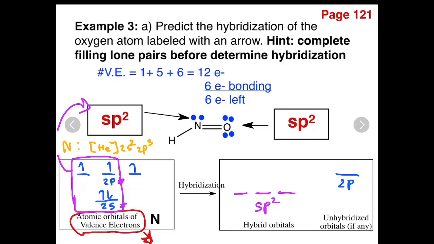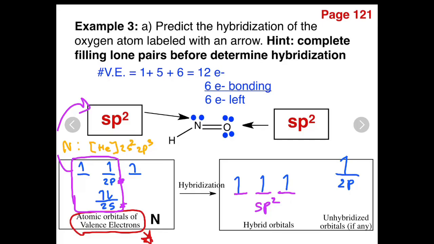Now, what do I do next? The next thing is you need to fill in the electrons. The valence electrons of nitrogen number 1, 2, 3, 4, 5. You are going to distribute those 5 electrons into this diagram. Remember, these are very close in energy, so you also fill into here as well.